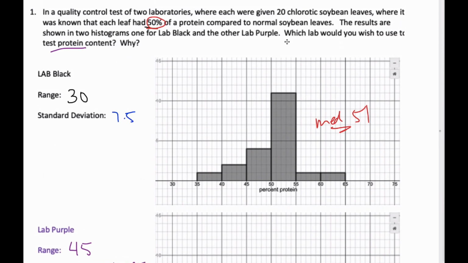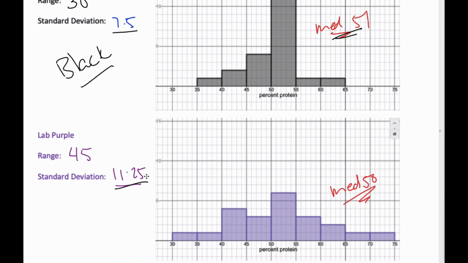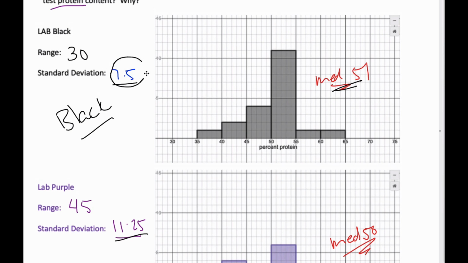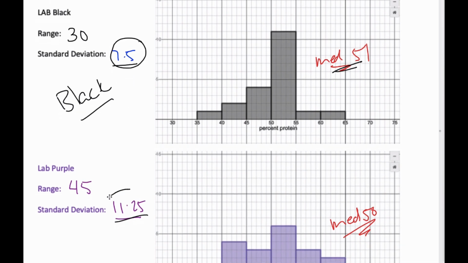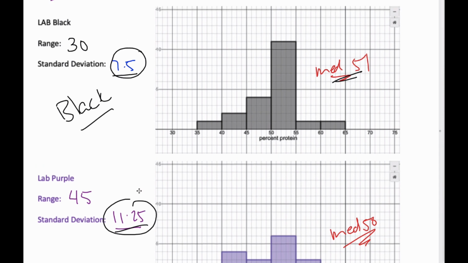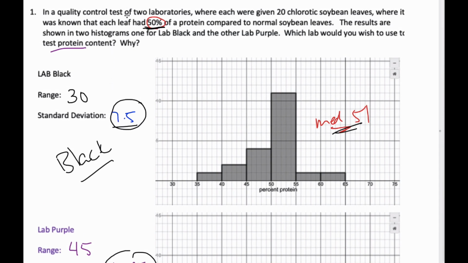But if I was going to choose a lab, I would choose the black. Even though the median is higher, they are more consistent in getting the right value for the proteins. Their spread is 7.5 versus 11.25. They are more consistent in their analysis. There's more variation in the purple, and if I'm going to try and get accurate measurements for my laboratory, I want consistency. I want a small standard deviation.